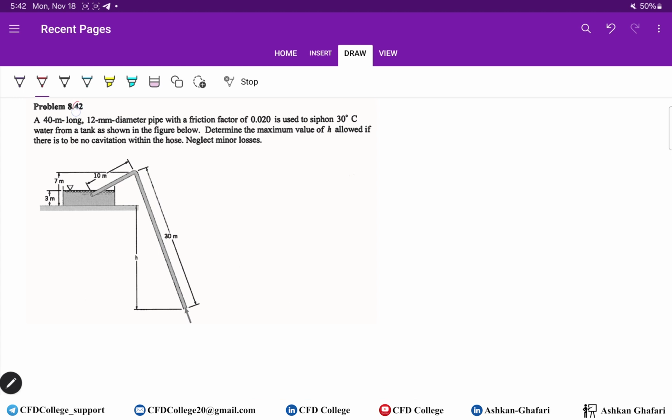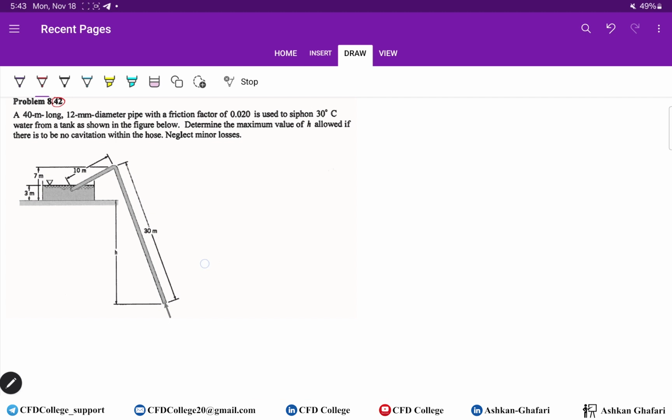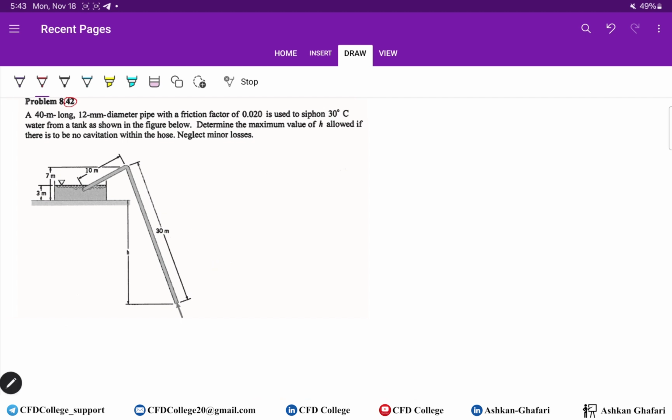Problem number 42. In total, we have a 40 meter long, 12 millimeter diameter pipe. So the diameter is 12 millimeter, with a friction factor of 0.02, used to siphon 30 degrees centigrade water from a tank, as shown in the figure below.